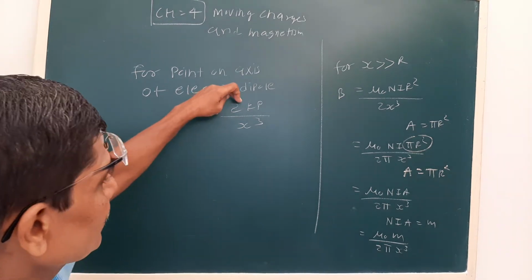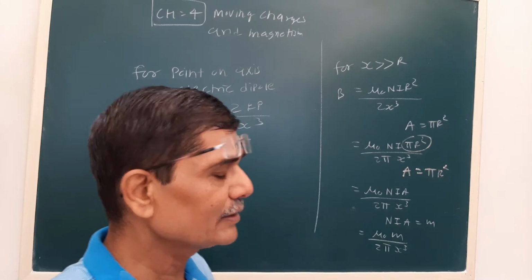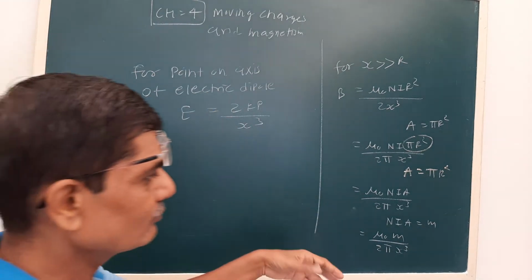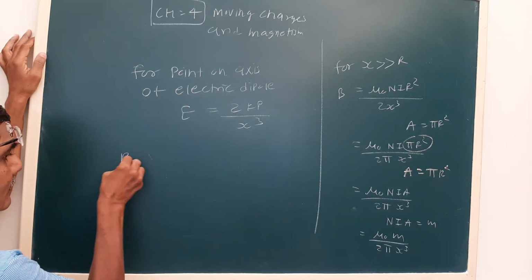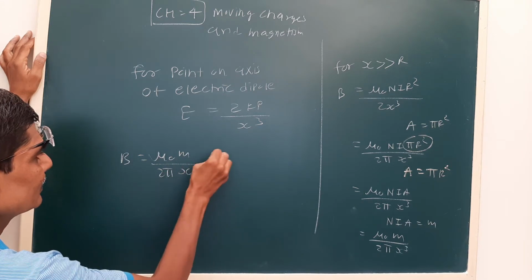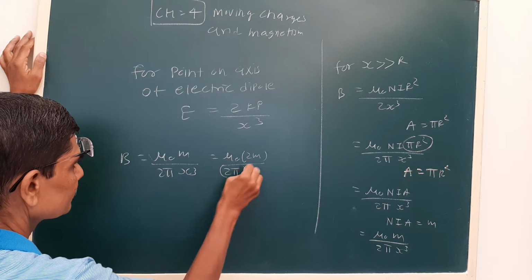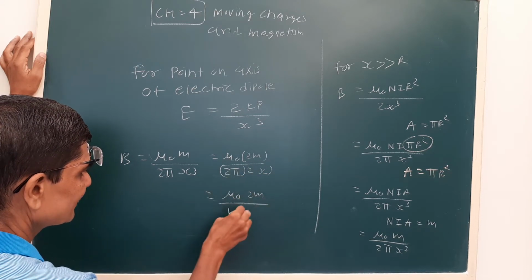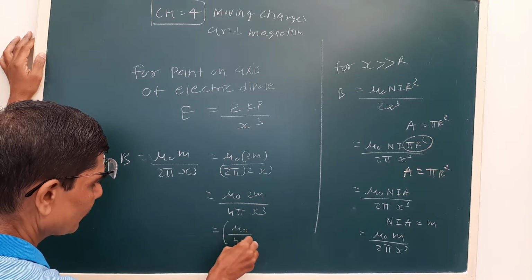Here k is a Coulomb constant, p is an electric dipole moment. Similarly here m is a magnetic dipole moment. So here also we want to write in terms of 2m. So see this equation, mu 0 m upon 2 pi x cube. If I multiply and divide by 2, mu 0 2 m upon 4 pi x cube, mu 0 upon 4 pi.